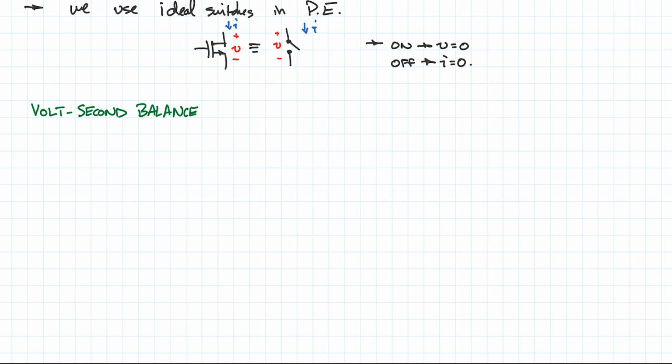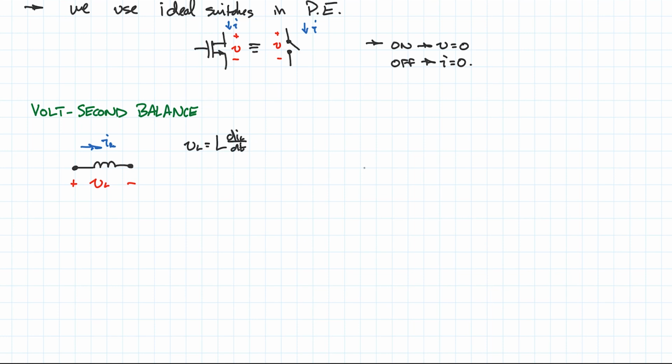So in the volt-second balance, suppose we have an inductor here. Let's say this is VL. Let's say this is IL. We know that the voltage across the inductor, VL, is equal to L dIL by dt.